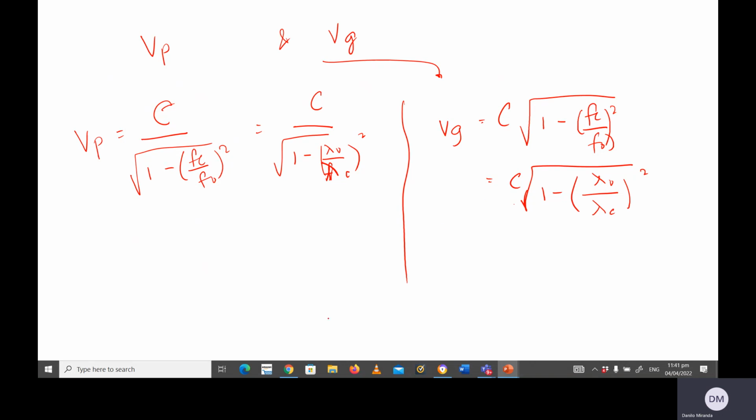So the correlation is VP VG is equal to C square.